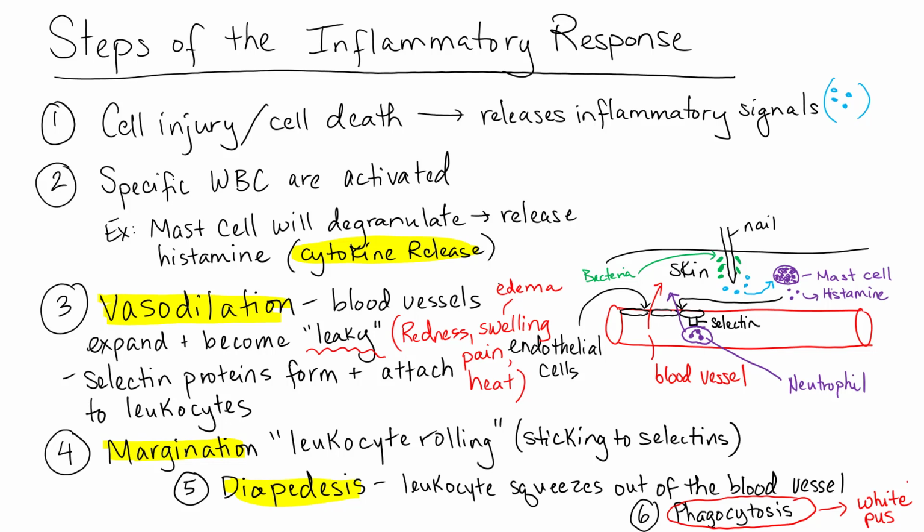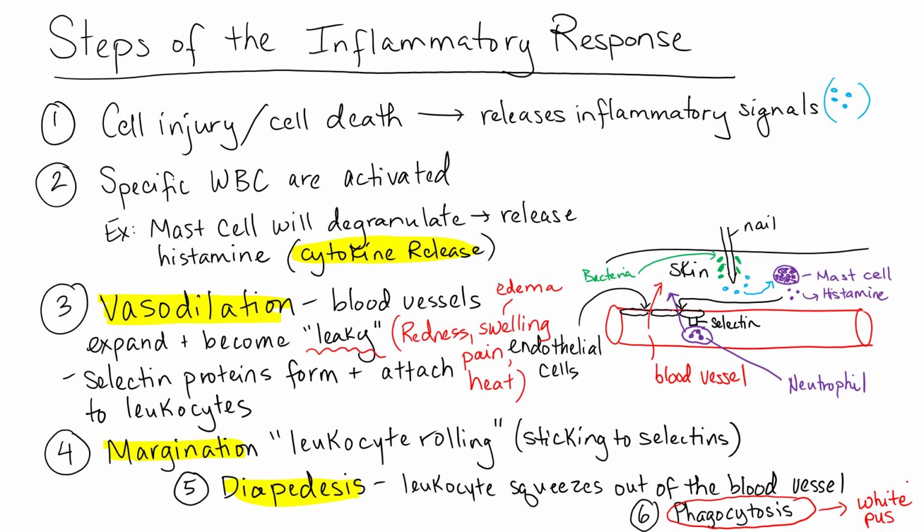And so the pus that's coming out of your pimple is white because there's a whole bunch of white blood cells that have engulfed the bacteria and are in the process of digesting that bacteria. And it forms a whole bunch of debris that you can squeeze out.